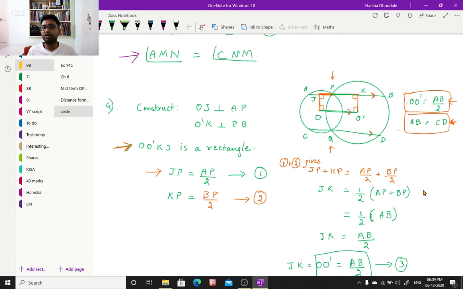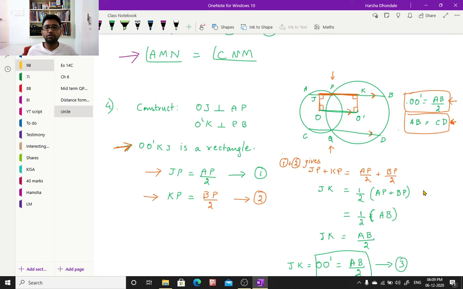OJ is perpendicular to AP, so J becomes the midpoint of AP. Therefore, JP is equal to half of AP. I'm calling this equation 1. Similarly, KP is half of BP, that is BP by 2. I'm calling this result 2.